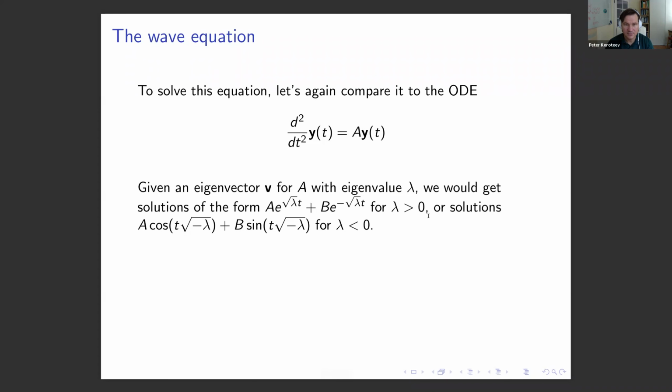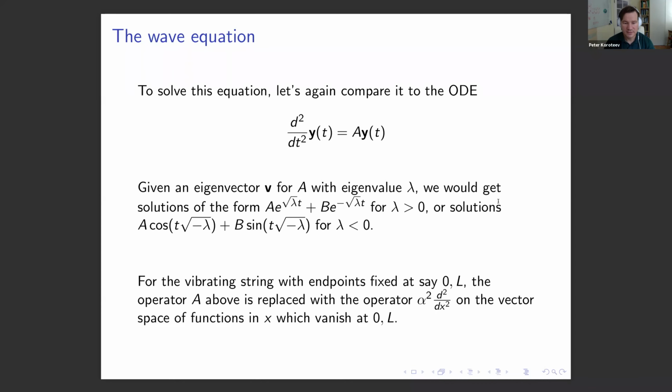Again, we can rewrite this as a second order vector ODE. So the second derivative in time acting on the vector function y is equal to some matrix A acting on the vector function y. So given an eigenvector v of A with eigenvalue lambda, we would get solutions of exponential form, A exponential to the root lambda t plus B exponential to the negative root lambda t for positive lambda, or trigonometric solutions for negative lambda.